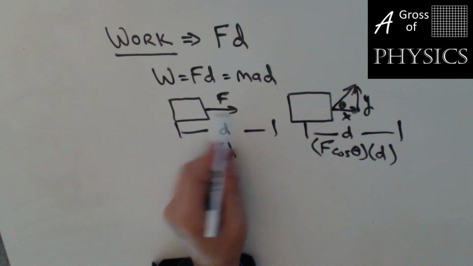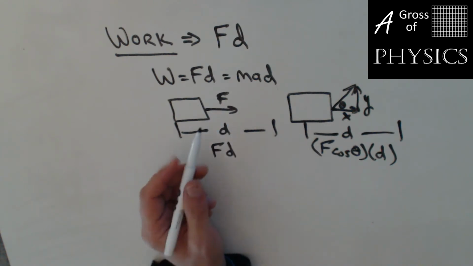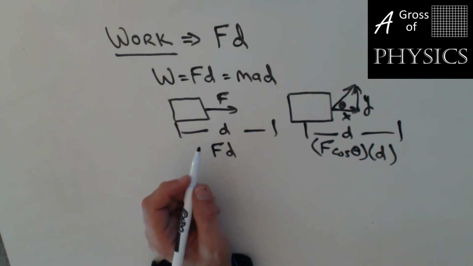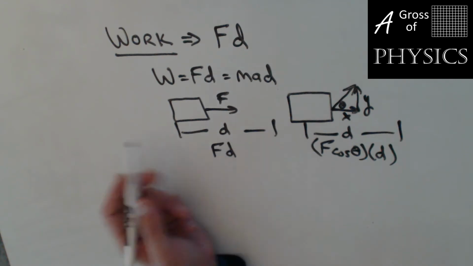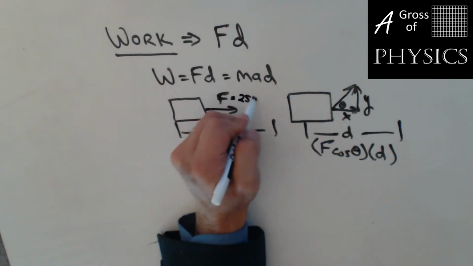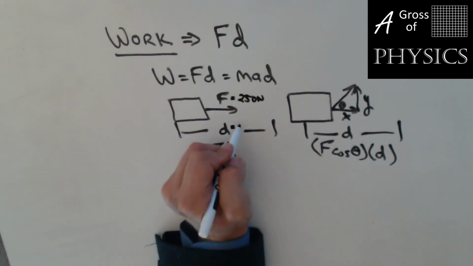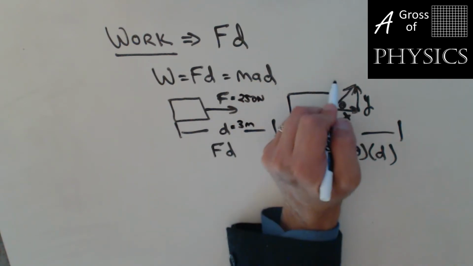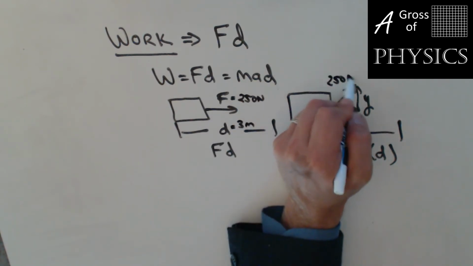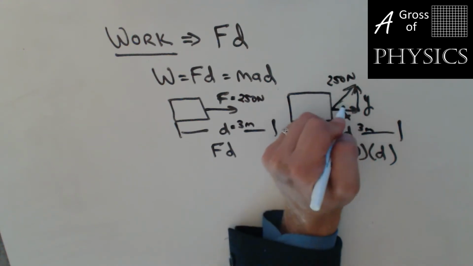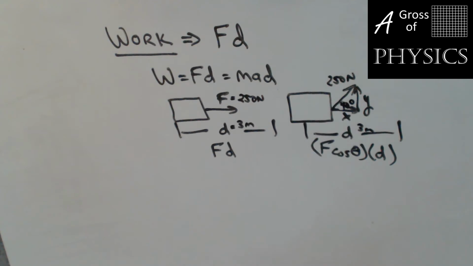I just think it's easier to remember that if it's sideways, we use all the force. If it's at an angle, we only use the force pointing in that direction. That being said, let's assume that this force is 250 newtons and it travels 3 meters. And we'll do the same thing here. 250 newtons, travels 3 meters, but the angle now is 40 degrees.